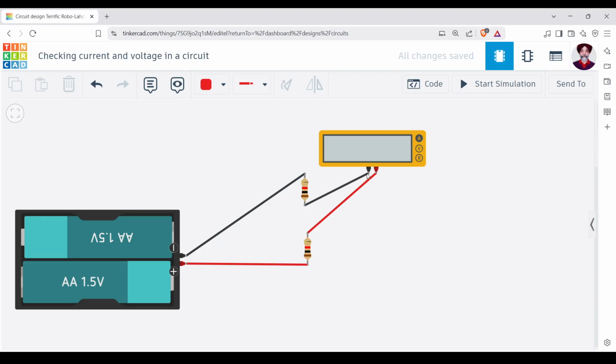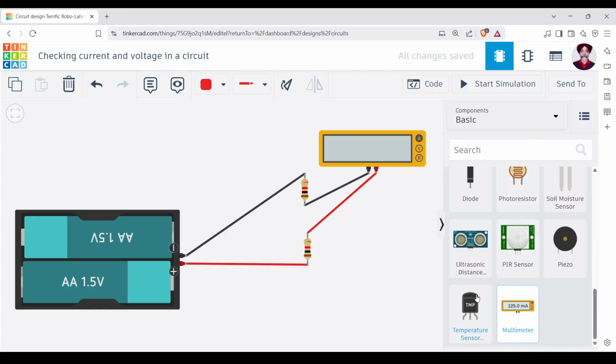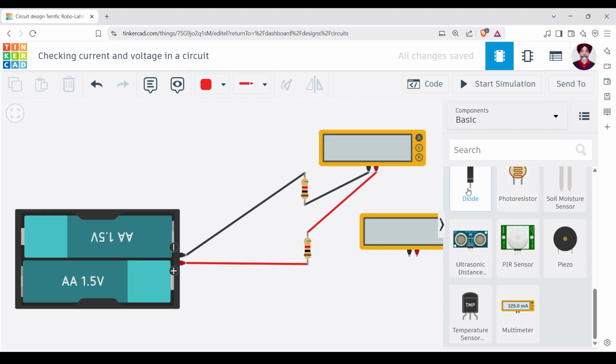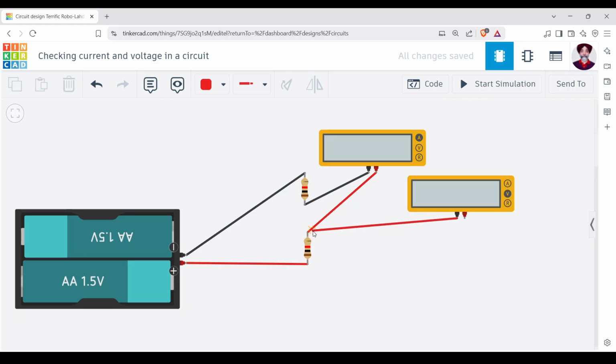So the basic thing to understand here is whenever we are checking for voltage, let me just bring in one more multimeter and give you both the things now. One is for voltage, one is for current. And when we check for voltage, it is across the terminals.